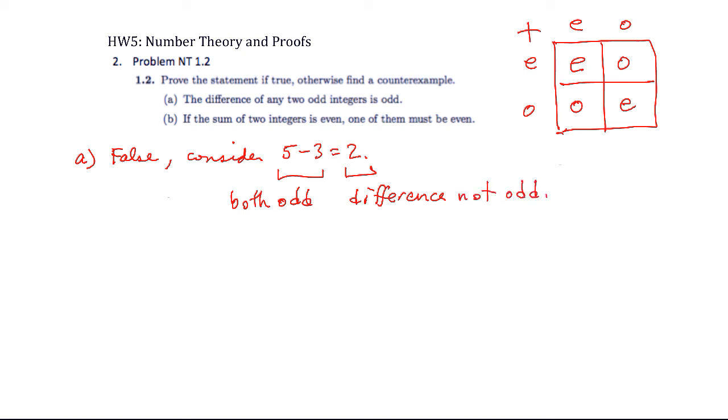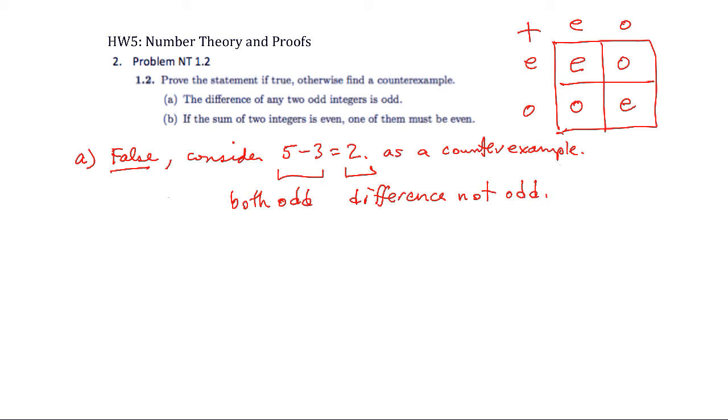That is the very minimum of showing your work on this problem: first of all, stating that it's false, and considering 5 minus 3 equals 2 as a counterexample, where we're saying that they're both odd and their difference is not odd.